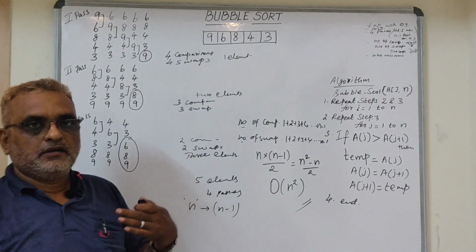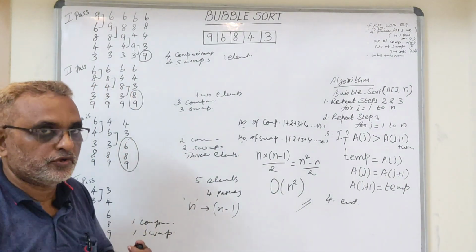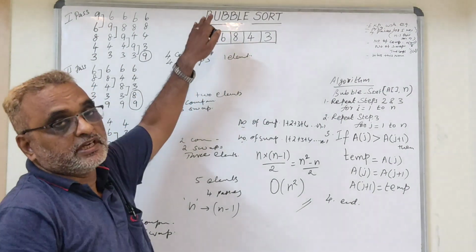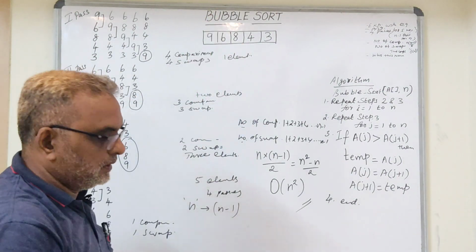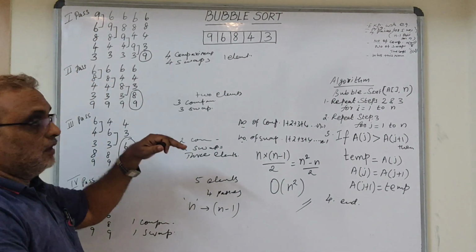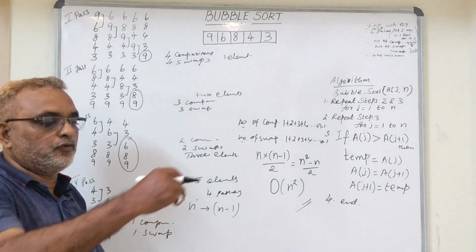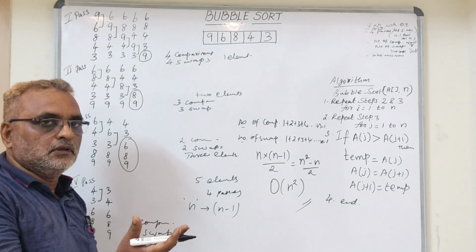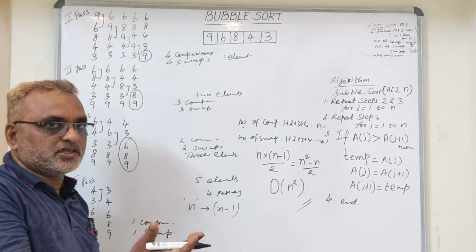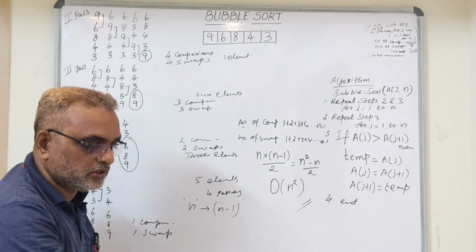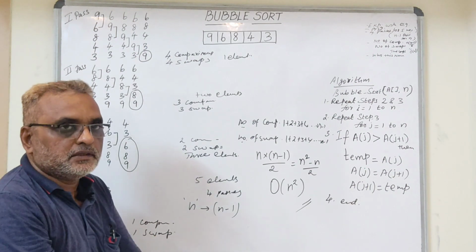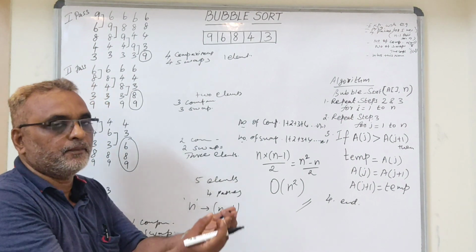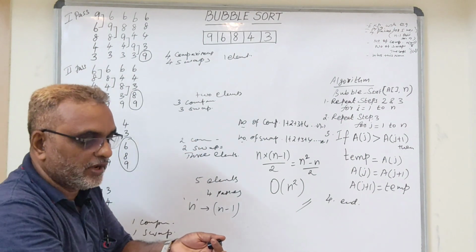Another interesting thing about bubble sort I want to tell you is why we call this sorting method bubble sort. See, on a water surface, if you drop a stone, what will happen? The stone has its own mass and weight, and because of its weight it goes down. But the lighter particles like the air bubbles come up, while the heavier one goes down.